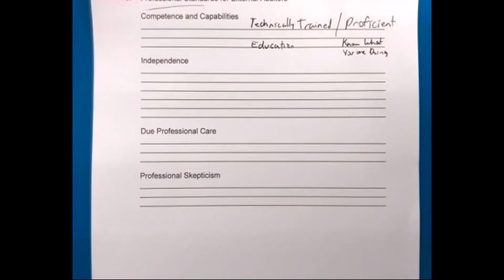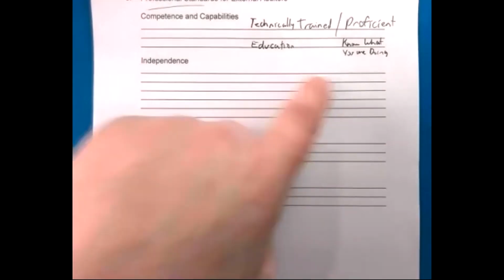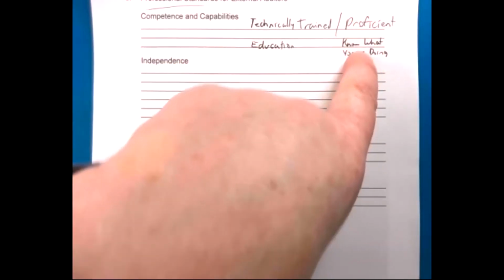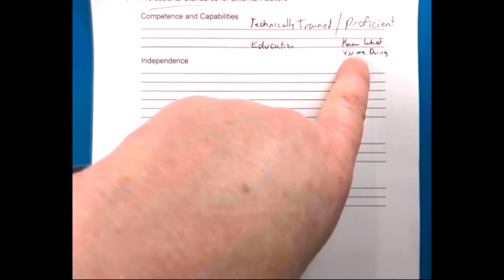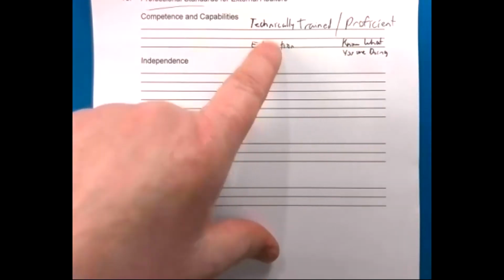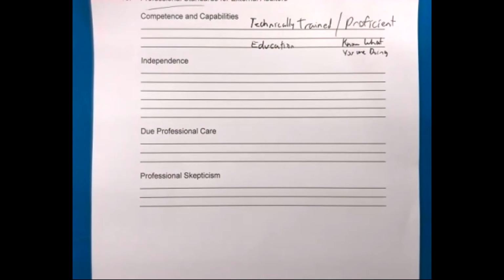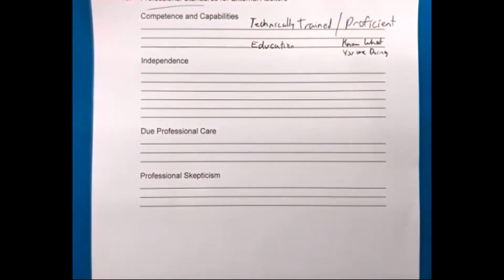You're at least proficient enough that you can complete the audit. So technically trained, education, proficient, and a lot of this comes from actually doing audits. So as you progress, your first job at audit, you do whatever they tell you to, obviously. But then as you move on, you get to be more proficient at it. You get to know exactly what to do and all that.